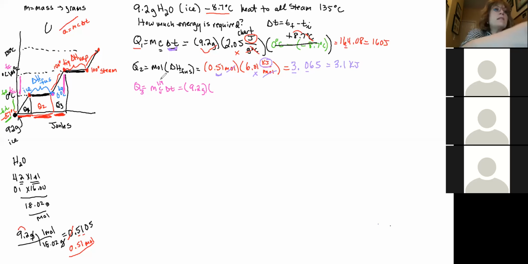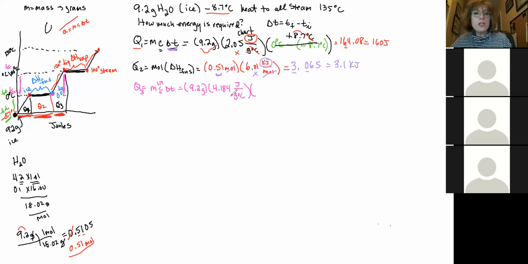Okay, so that's the second one on that list, and it's the 4.184. Uh-oh, I just dropped my calculator. Hold on. I'm back. So that's 4.184 joules per gram degree Celsius. And then I need the temperature change.